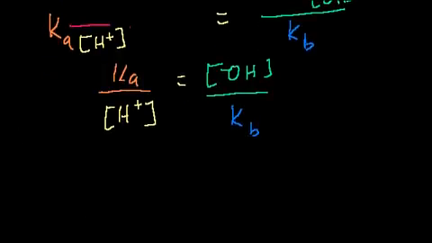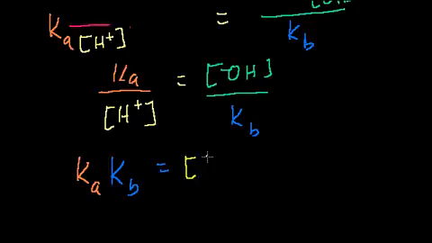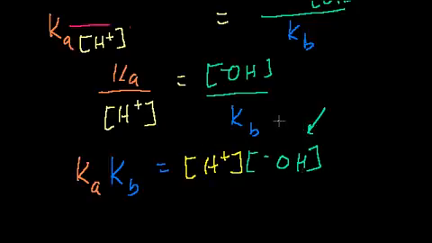So we get Ka, our acid equilibrium constant, times Kb is equal to our hydrogen concentration times our hydroxide concentration. Remember, this is all in an aqueous solution. What do we know about our hydrogen times our hydroxide concentration in an aqueous solution?